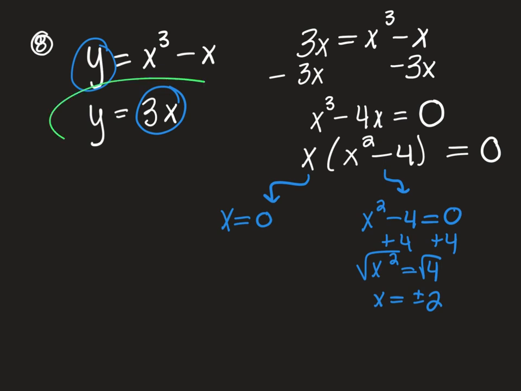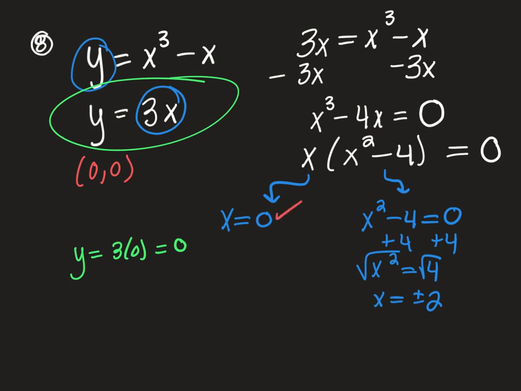I would plug it into this one. So y equals 3 times 0, which gives you what? 0. So that means our first point of intersection is 0, 0. So that takes care of this one. All right, now we're going to plug in positive 2.